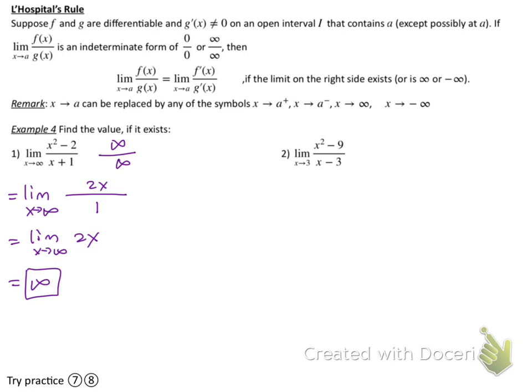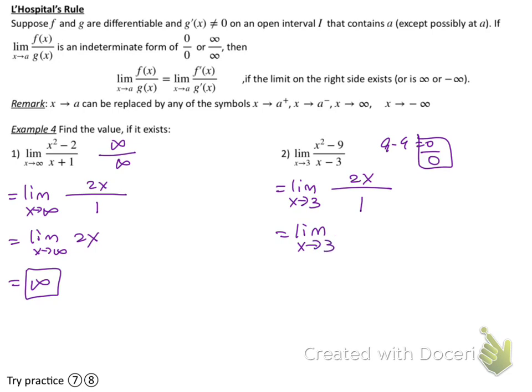On the other hand, the limit of x squared minus 9 over x minus 3 as x approaches 3: this is 9 minus 9, 0, over 3 minus 3, 0. So we do have a 0 over 0. That's why we can use L'Hopital's rule: differentiate the numerator, I get 2x, differentiate the denominator, I still get 1.